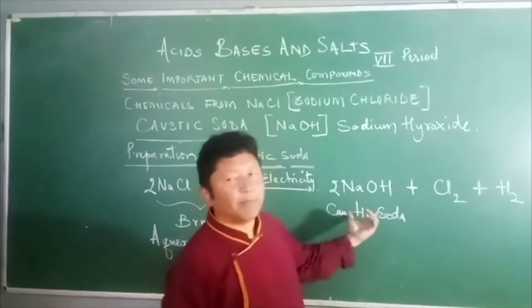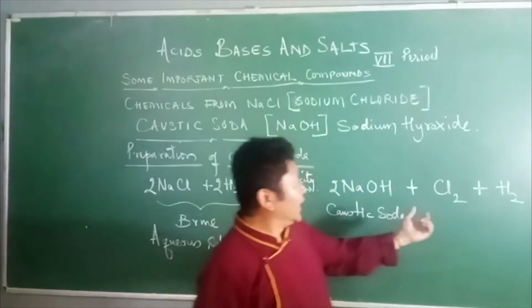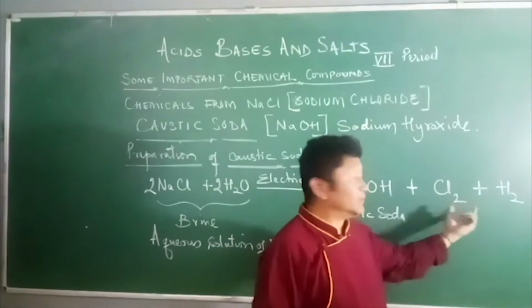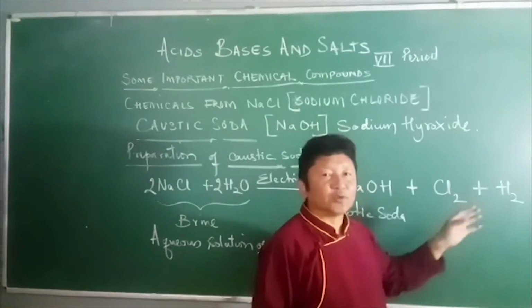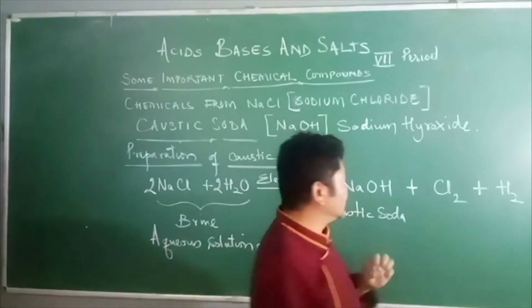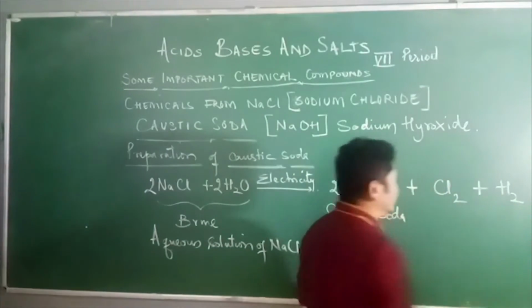Along with the caustic soda, the sodium hydroxide, there is evolution of two gases, chlorine gas and hydrogen gas.